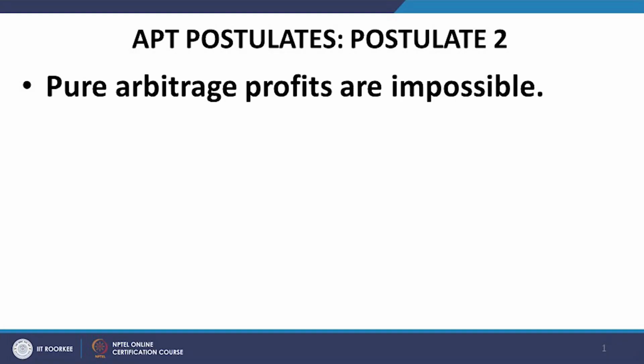Postulate number 2 is very straightforward. The markets are efficient enough for us to assume that pure arbitrage profits are impossible. That means we are working on a platform where the efficiency of the markets is good enough for us to assume that pure arbitrage profits are impossible.